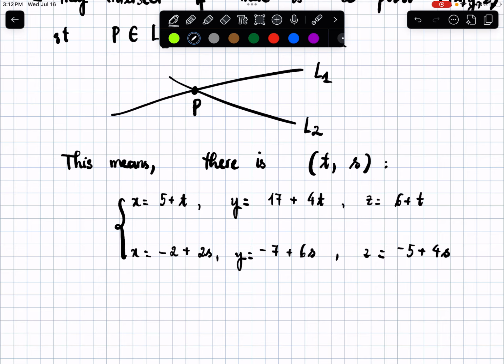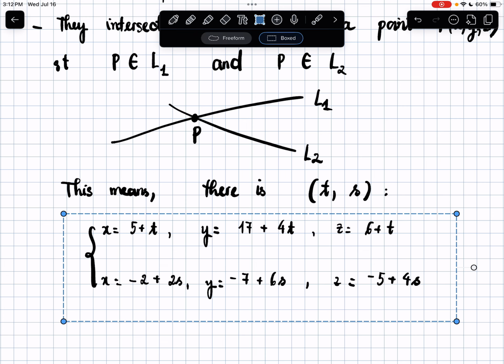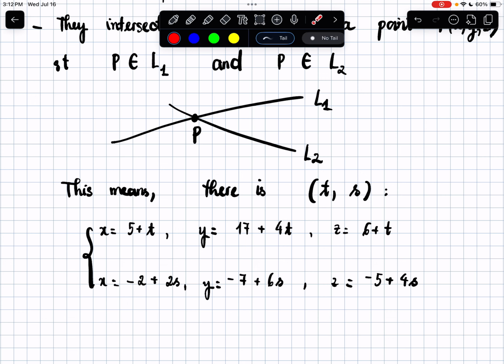We choose two different parameters to solve the system of equations because when T runs, you have different points on the first line. When S runs, you have different points on the second line.